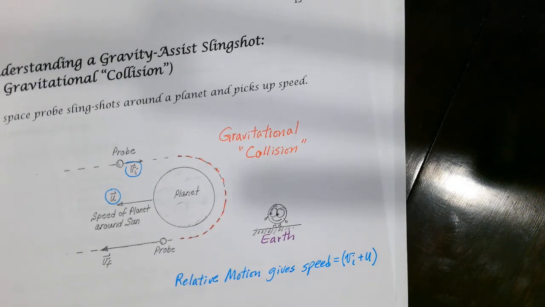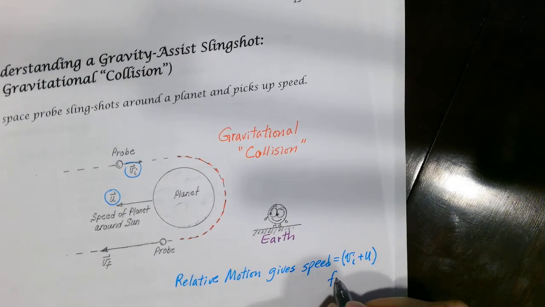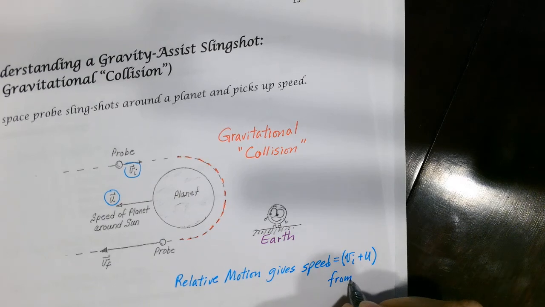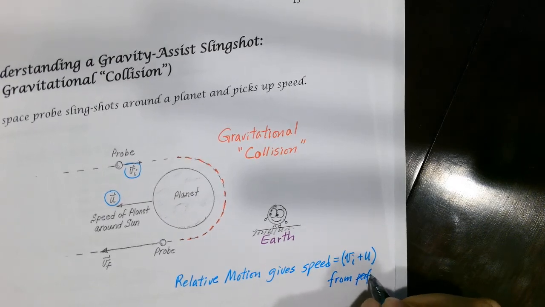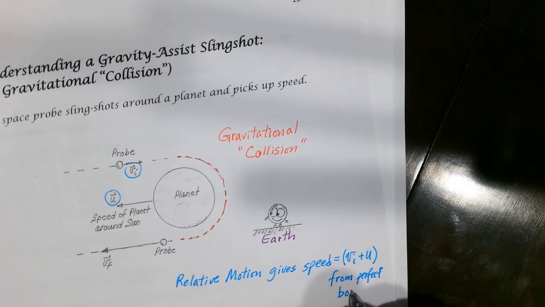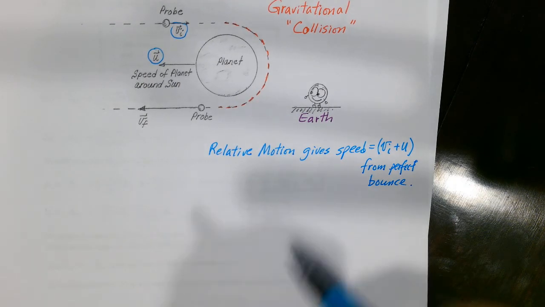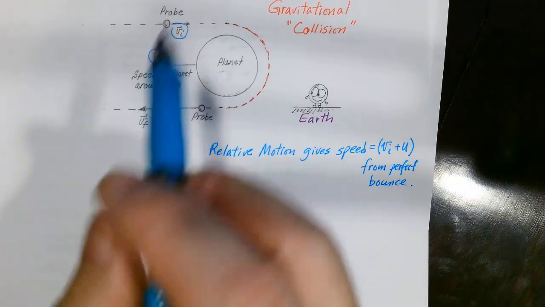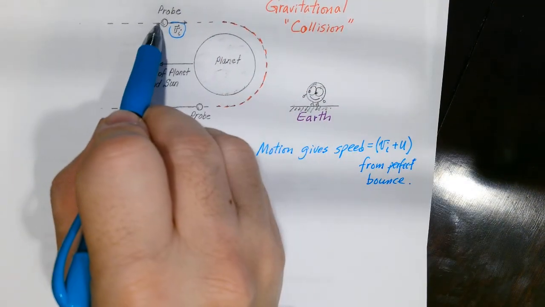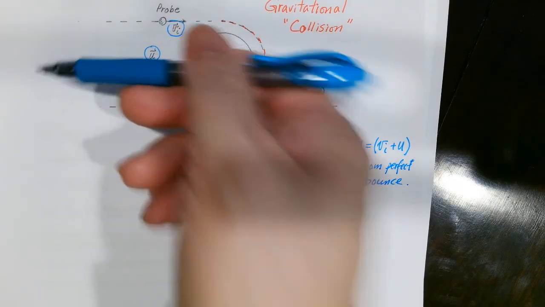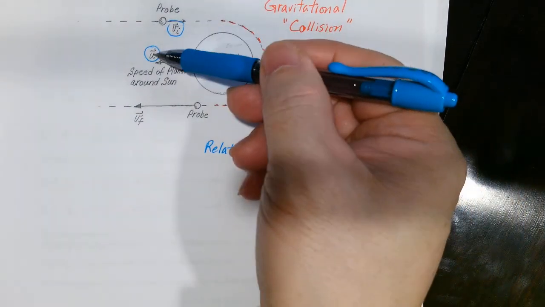And of course, this is from a perfect bounce, assuming no energy is lost. But now, because of relative velocity, this thing's coming this way, the planet's moving this way, so the relative velocity is going to be this plus that.